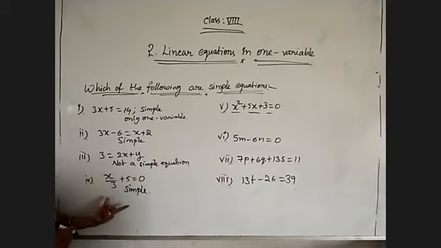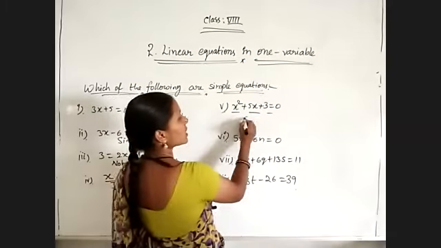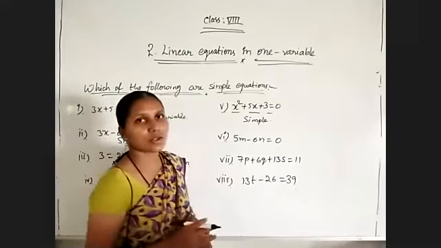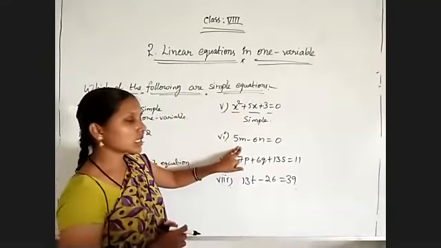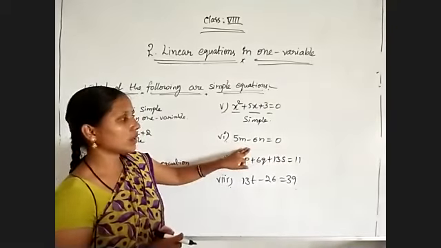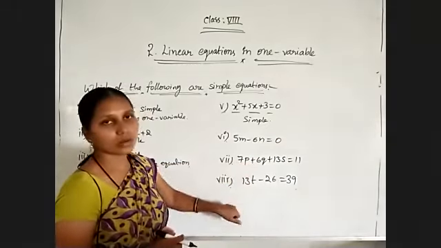Now coming to the fourth one, only one variable is there and the degree of that variable is equal to 1, so it is a linear equation in one variable. Coming to this one, here only one variable is there, so it is a simple equation. But the degree of this equation is 2, so it is not a linear equation. Coming to the sixth one, 5n minus 6n. Here two variables are there, so not a simple equation. So try these two yourselves.